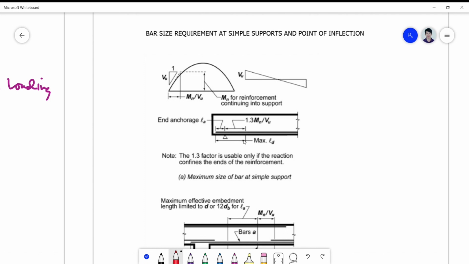Okay, so you need to check La, the end anchorage length.